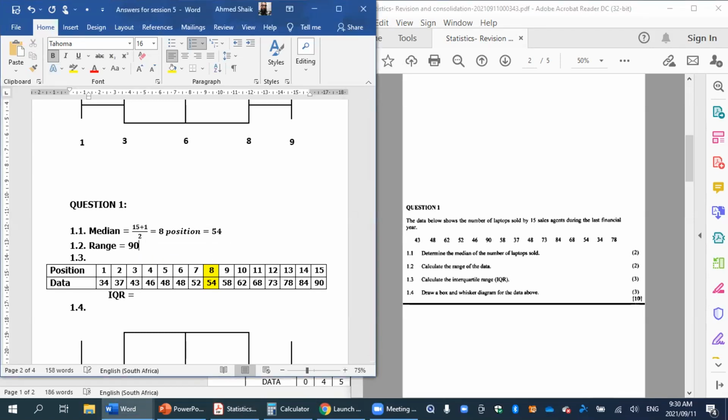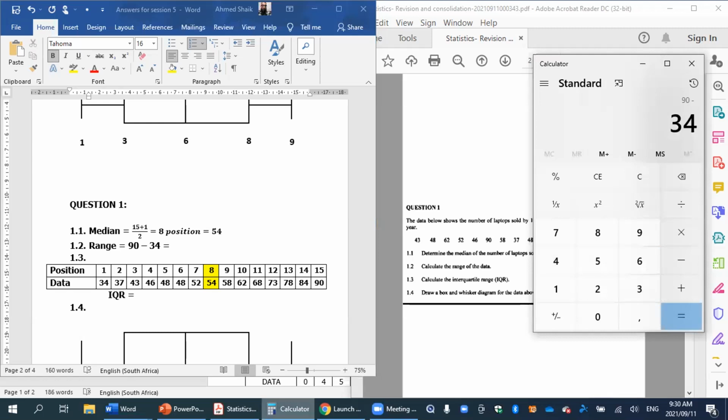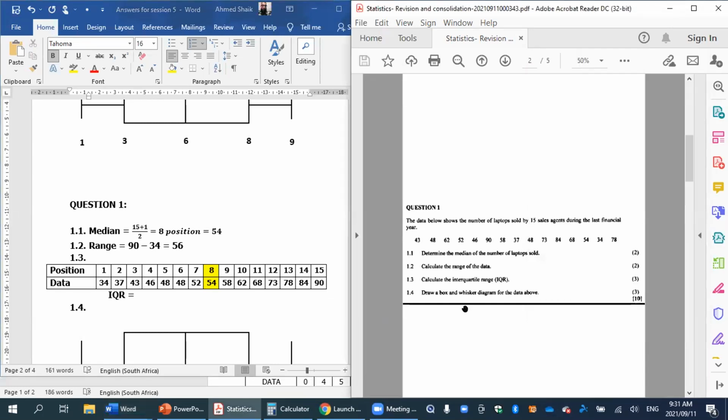So that's going to be 90 minus the smallest value in our data set, which is 34. Let's calculate that. 90 minus 34 equals 56. So the range for question 1.2 is 56.